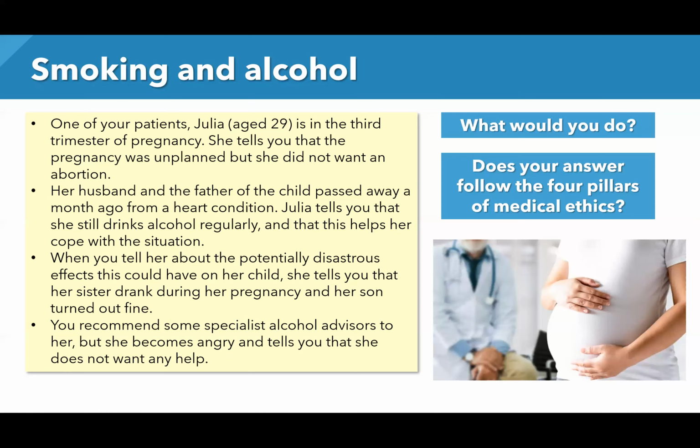And the final pillar is justice. You could argue that in terms of justice, it's a doctor's duty to treat all patients equally, and therefore you're disparaging the child's healthcare or their health and not allowing them to have a full quality of life by risking damage to them.